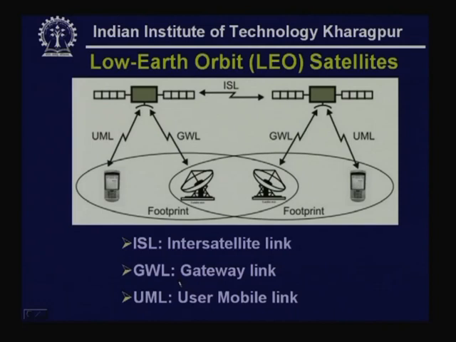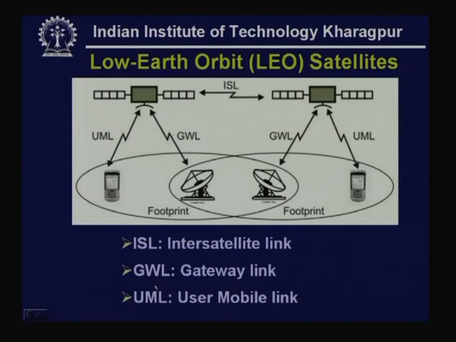Second type of transmission is gateway link. That means there is an earth station which is used as gateway, and for this satellite this is the footprint and this is the footprint of another satellite. As you can see, this satellite can communicate with another satellite, and also the ground stations or gateway links.